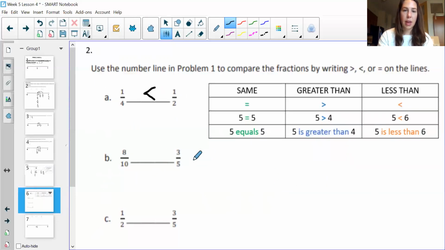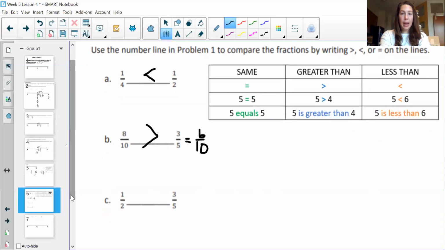8/10 and 3/5, we did that here too. We know that 3/5 is equal to 6/10. And you guys should be writing this with me. So we know that 8/10 is bigger. 1/2 and 3/5. Well, we know again 3/5 is equal to 6/10, and 1/2 is equal to 5/10.